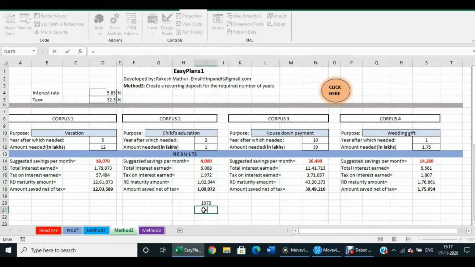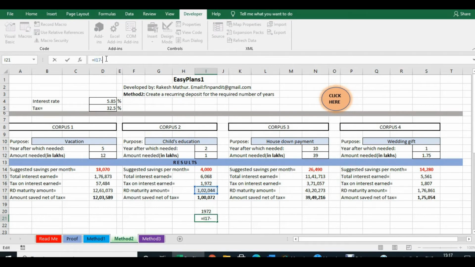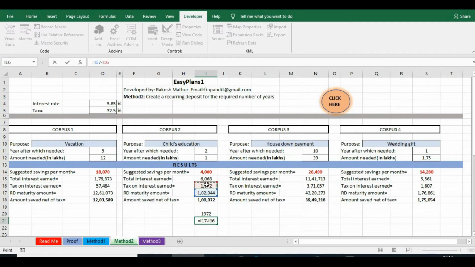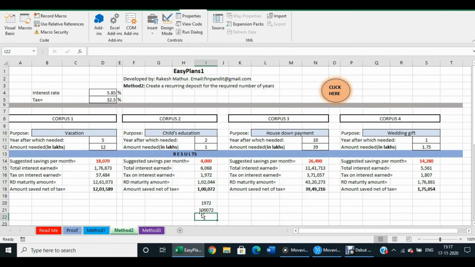And the net amount we will get after tax will be total maturity amount minus the tax amount, which is 1,72,000 rupees, exactly as has been calculated by the model.